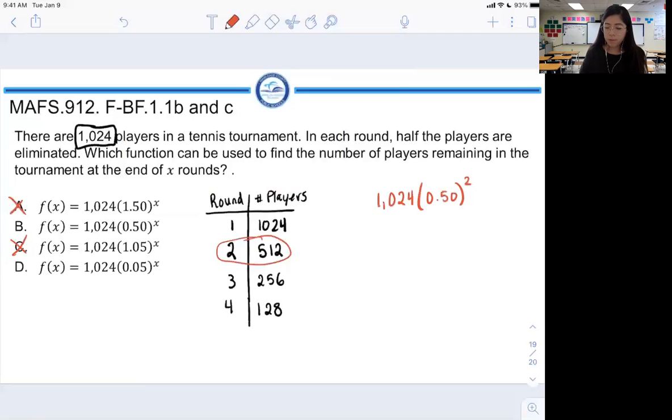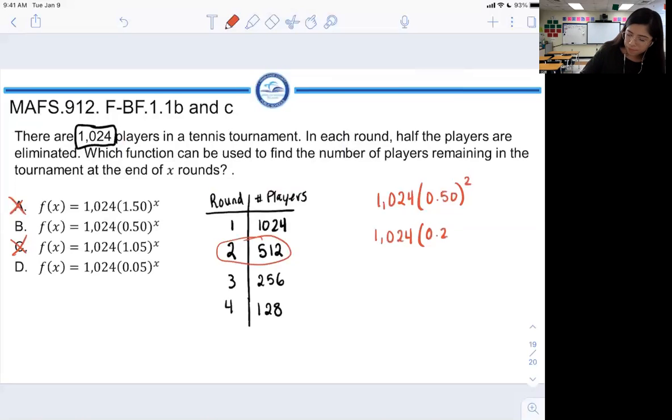So 0.50 to the power of 2, what does that give me? 0.5 times 0.5 is 0.25.